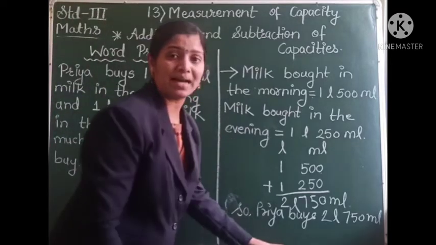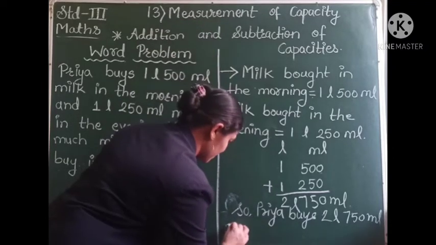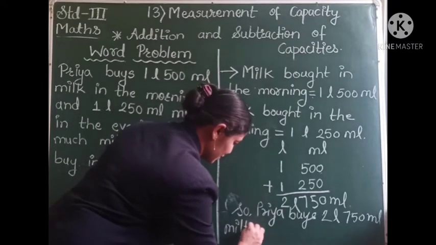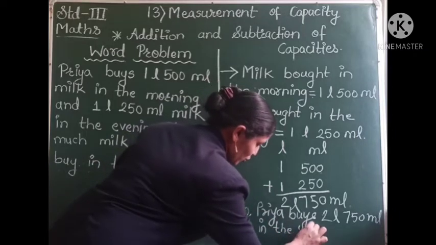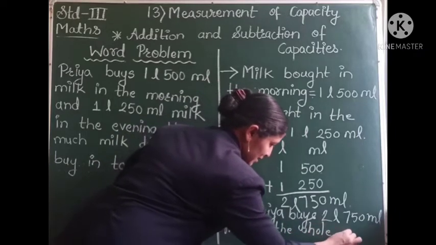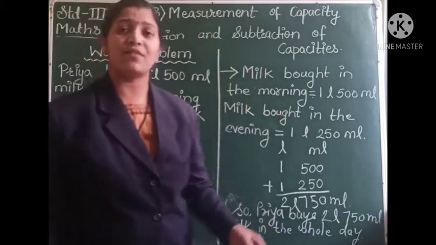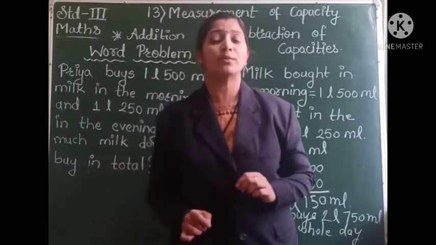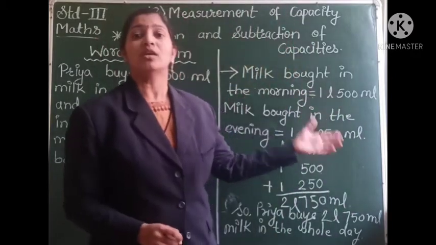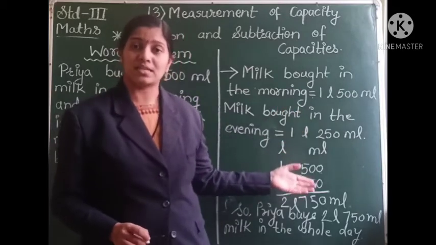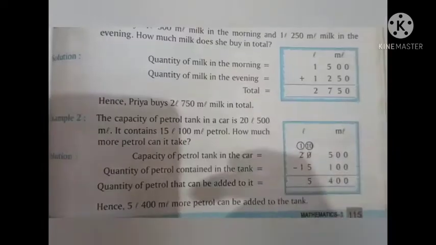So Priya buys 2 liter 750 milliliter milk in the whole day. Right, students? So this is the way how you have to solve a word problem. You have to write all the things which are given in the question. Then you need to solve the sum, and the final answer should be written again in words.